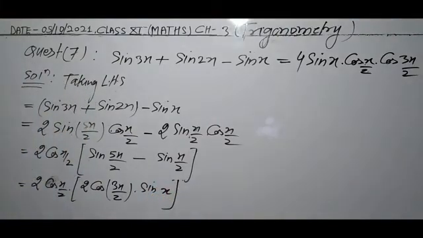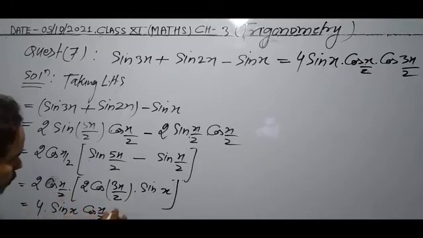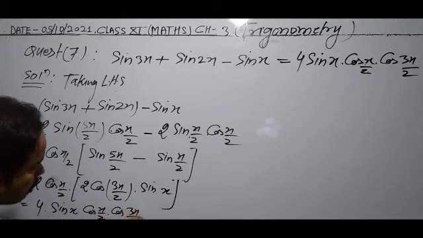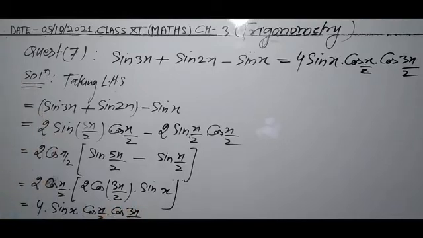So when you arrange it, it is 4 times sin x into cos of x by 2 into cos of 3x by 2. Hence proved.